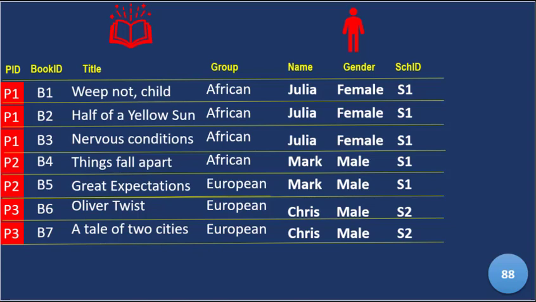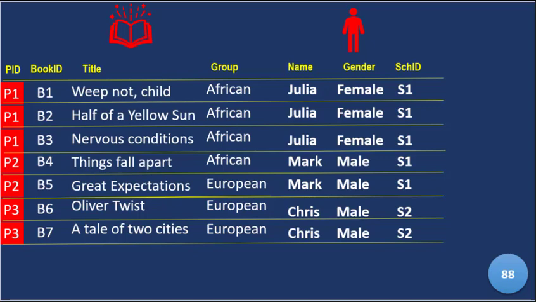So the bottom line is that books now have some extra attributes. The book B1 is owned by a female. We're just going to reinforce this: entities can inherit attributes from another related entity.